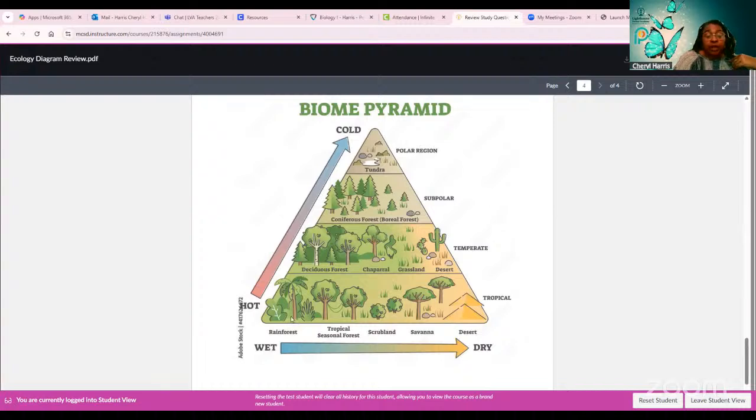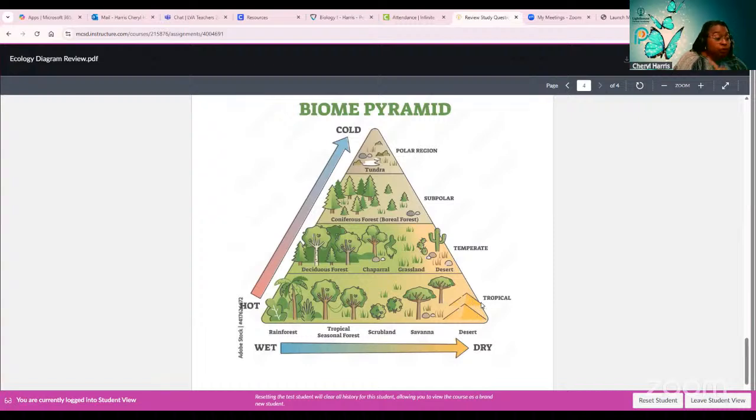Okay, so the question could ask you to describe the temperature and precipitation of a rainforest. So you find rainforest down here at the corner. And because it's on this end of the arrow, you can say a rainforest is very wet and very hot. As opposed to a tropical desert, and there are different kinds of deserts.